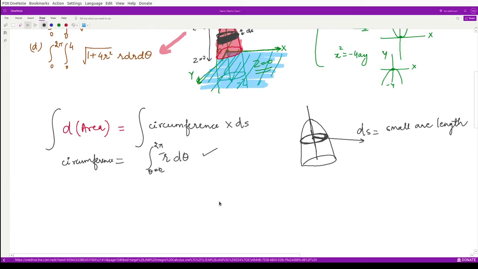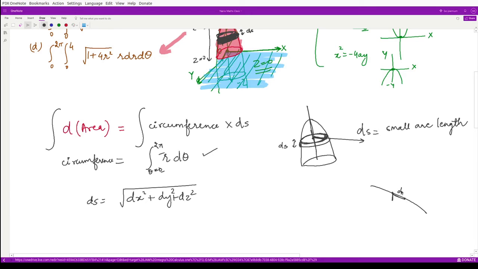Now moreover, whatever is this length, I am calling it ds, the small arc length. So what is this ds? In 3 dimensions, ds is the square root of dx square plus dy square plus dz square. Because in 2 dimensions, if I take a very small portion of this arc length, I can draw a straight line.